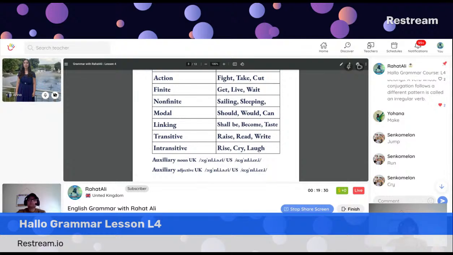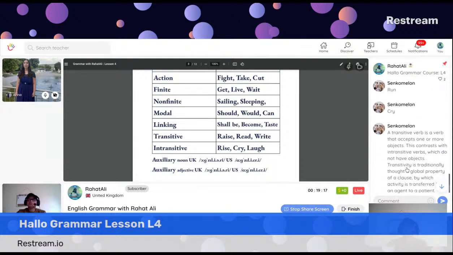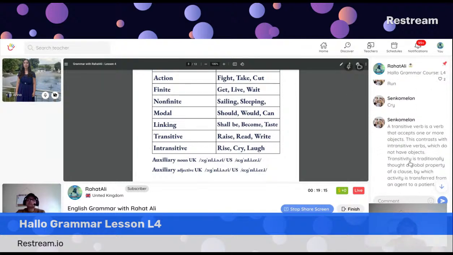Transitive, okay? And intransitive is when it doesn't have any object, but still the sentence is complete. So a transitive verb is a verb that accepts one or more objects, in contrast with intransitive verbs, which do not have objects.